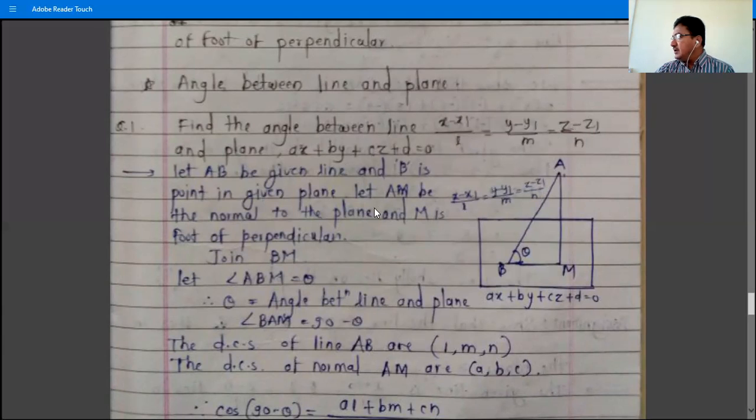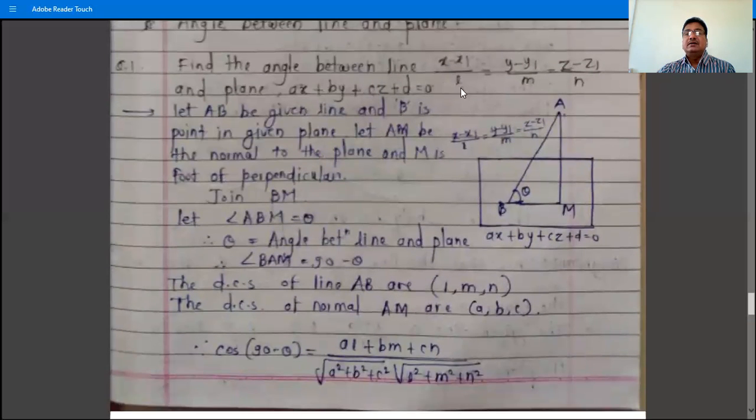Direction ratios or direction cosines. Either use the notation L M N or A, B and C. So these L M N are direction numbers, not necessarily direction cosines. They may be direction ratios. If these L M N are the direction cosines, then L square plus M square plus N square becomes 1. So we either choose the notation L M N or A, B, C.